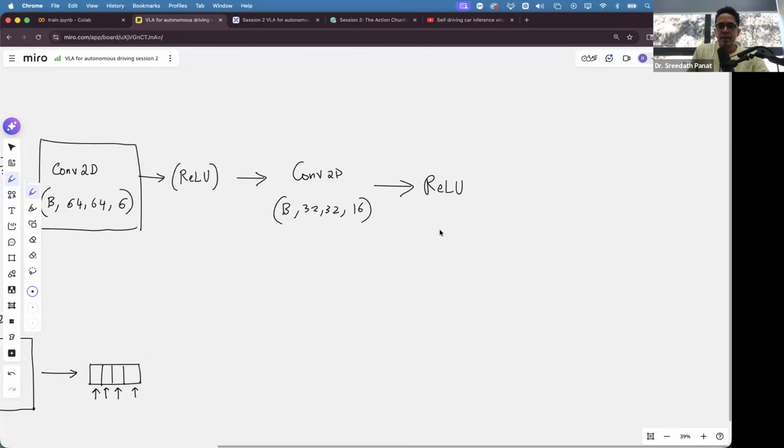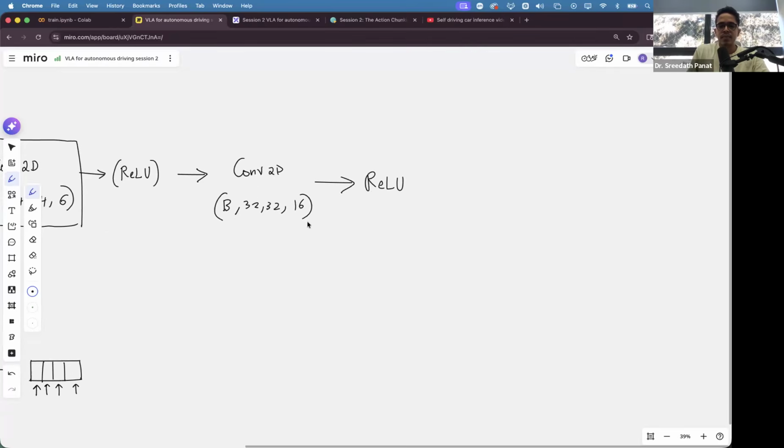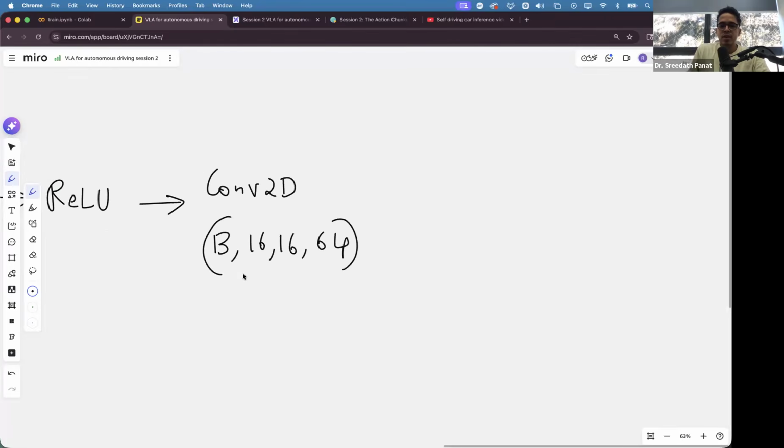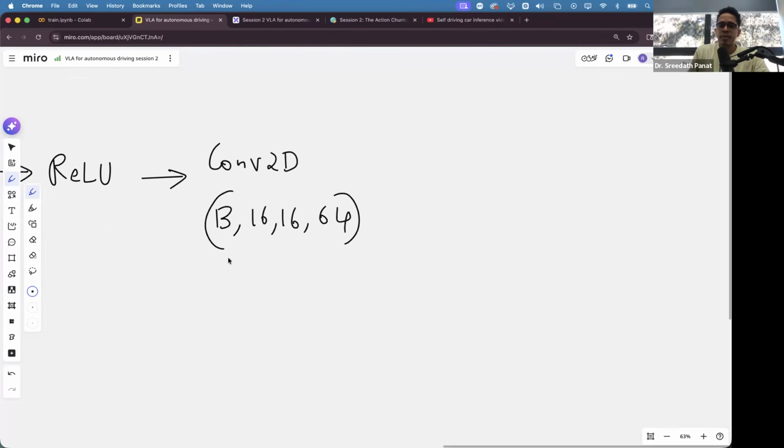Now, at one point, let's say your output looks something like this. Let's say you have one more conv 2D, which converts this into B, 16, 16, let's say 64. Now let's say this is your intermediate output after 3 convolution layers.